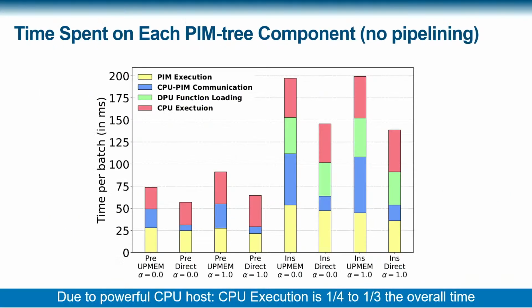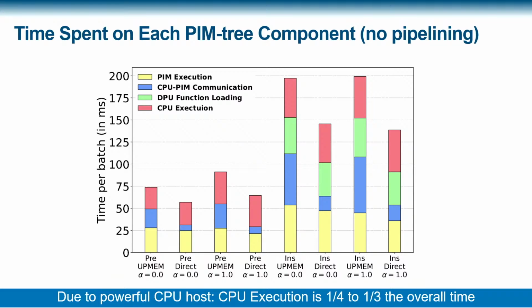And in fact, we have a graph that shows what fraction of the time, if we don't pipeline things, in our predecessor queries, for instance, we spend on executing in the PIM, on the communication between the two, and on executing on the host front end, right? And we can see that the host execution time is 1/4 to 1/3 of the overall time.